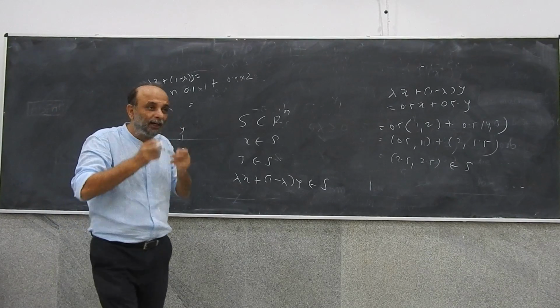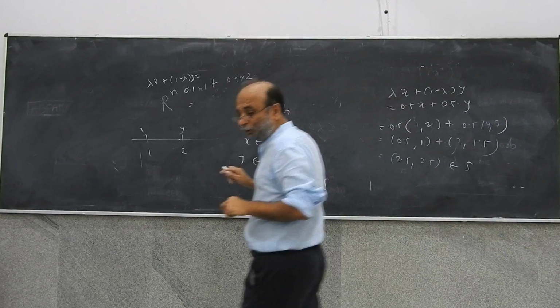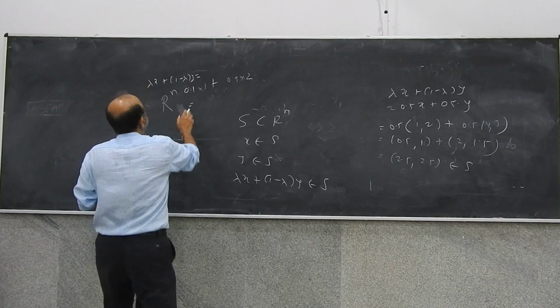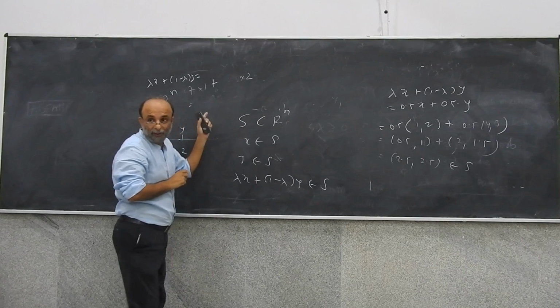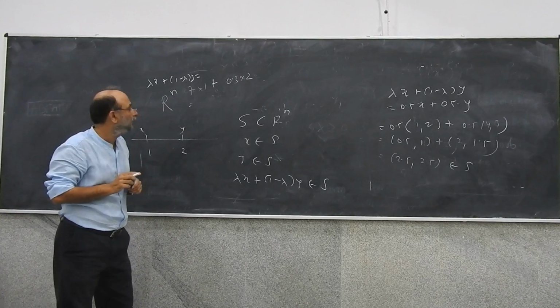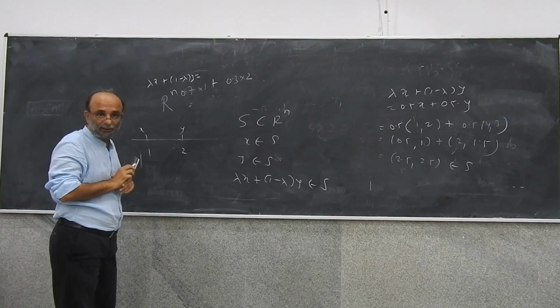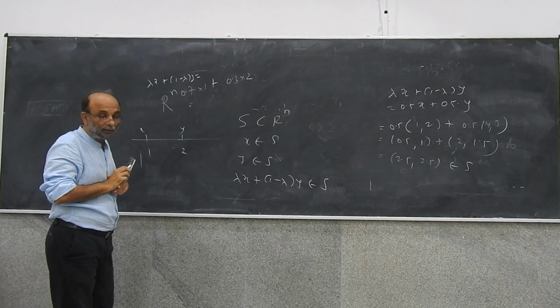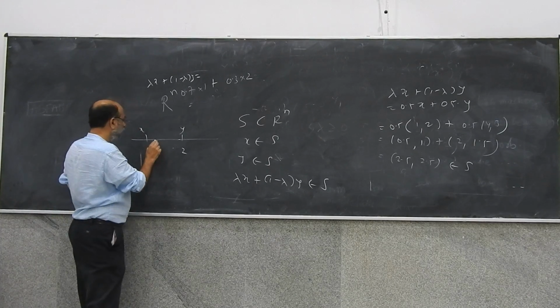If you choose any other lambda, say 0.7, what will you get? This will be 0.7 and this will be 1 minus lambda, 0.3. So what will this answer be? 0.7 plus 0.6, 1.3. So 1.3 will be some point here.